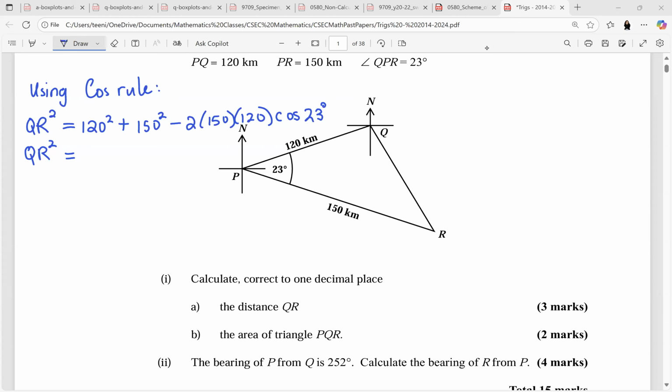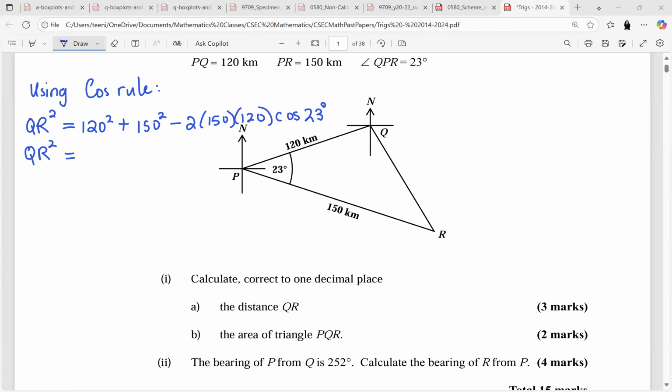Just work out what's 120 squared for me. What number did you get? You know how to do 120 squared on your calculator? Okay, well, there are two ways to do it.